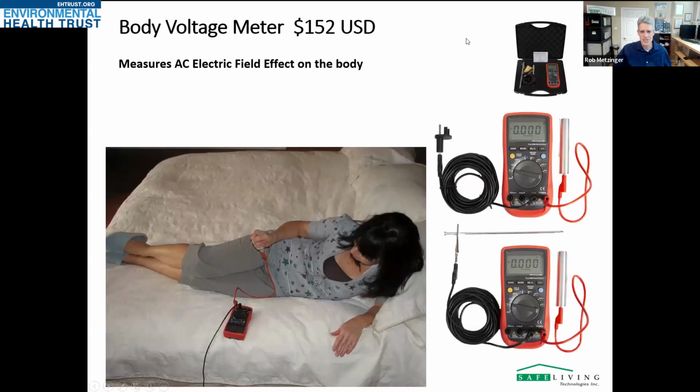And just touching on the body voltage part that we look at as well. Here's our body voltage meter kit. At this point in time, it's basically a really high-end true RMS multimeter.